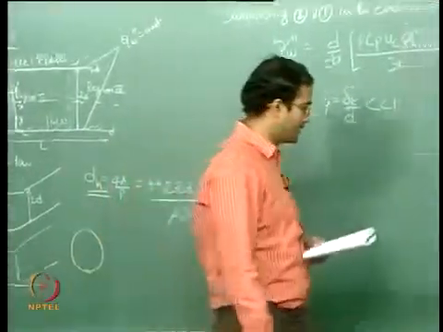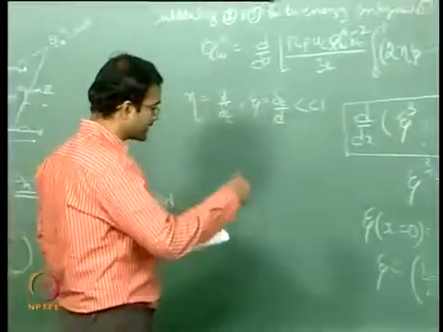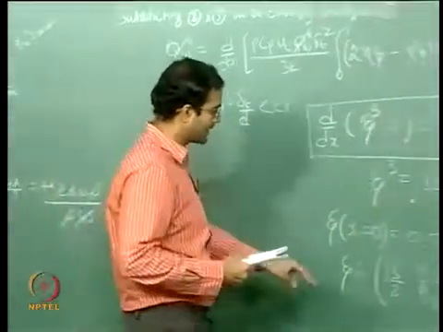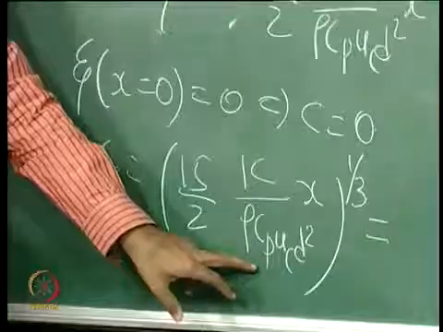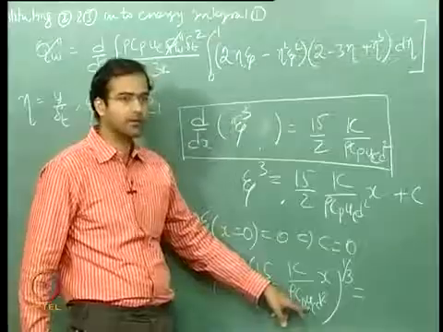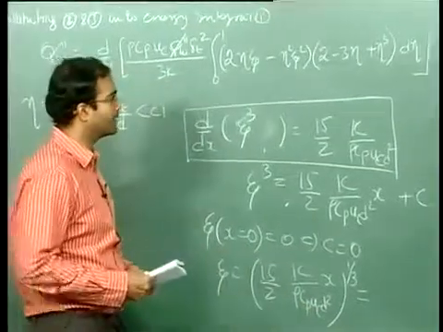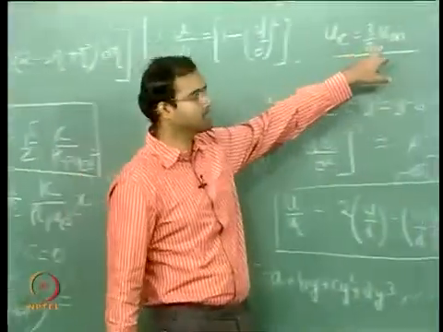Now what I am going to do is just recast it a little bit so that I can construct a non-dimensional variable out of this. My k by rho Cp is alpha, so I have uc d by alpha. I know my relationship uc is basically 3 by 2 um.